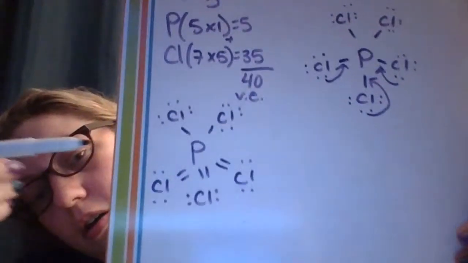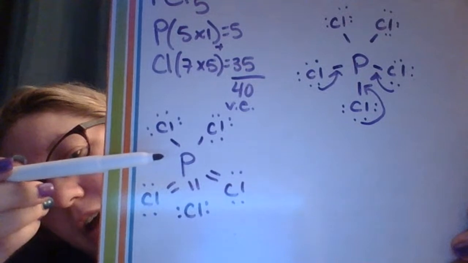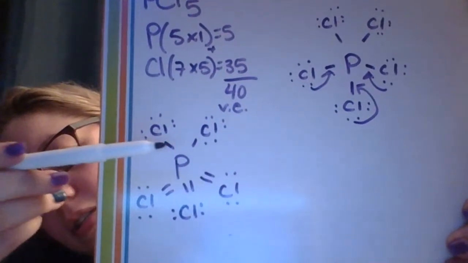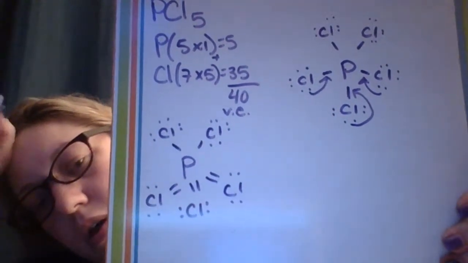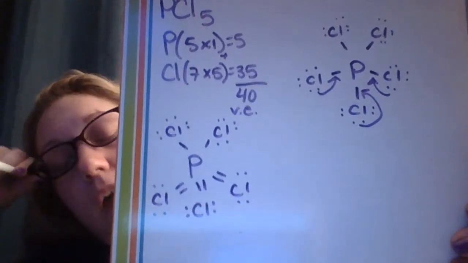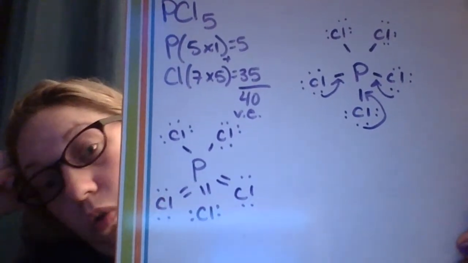All right. Down here shows that phosphorus now has 8 electrons. So it has 5 chemical bonds and no lone pairs.